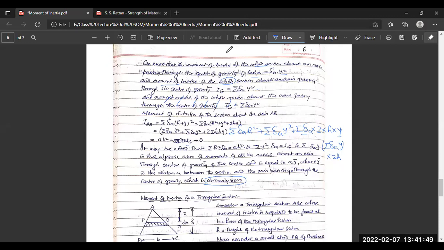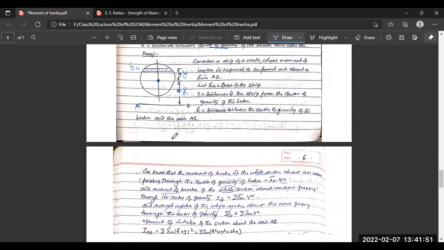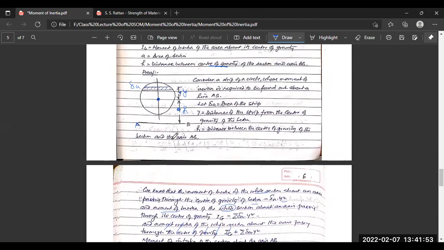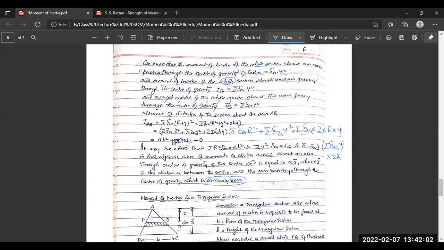As you know, we have delta A into Y. Y is the distance of this element from the CG. So this is sigma delta A into Y. Sigma delta A into Y is the algebraic sum of the moments of all the areas about an axis through the CG, and you can say that is equal to A y bar.